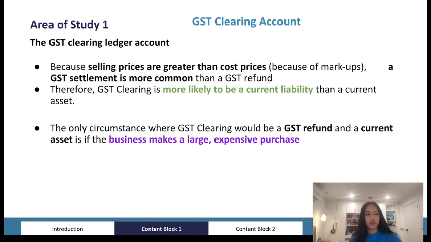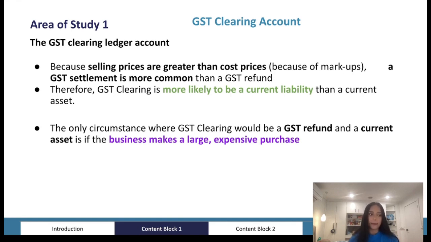There are a few events that could occur in a period that would result in payments of GST being more than receipts of GST, and that would be, for example, if the business makes a large expensive purchase. For example, they could purchase a van or some other type of expensive non-current asset.